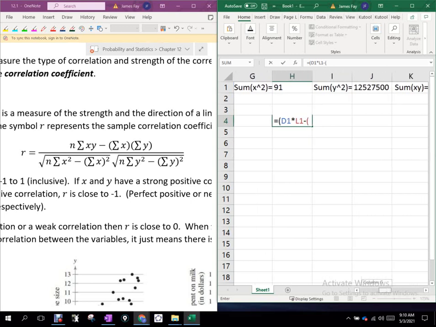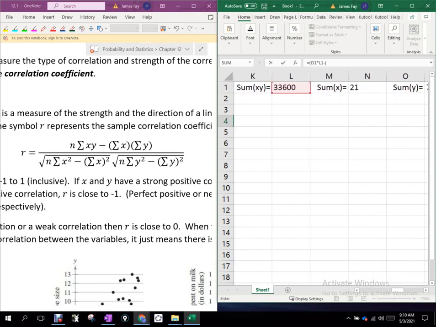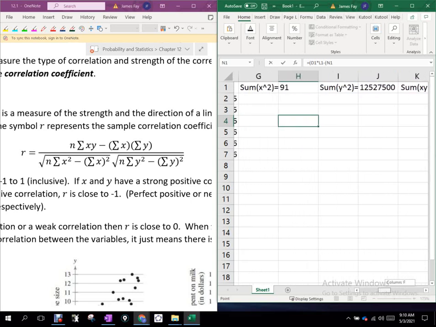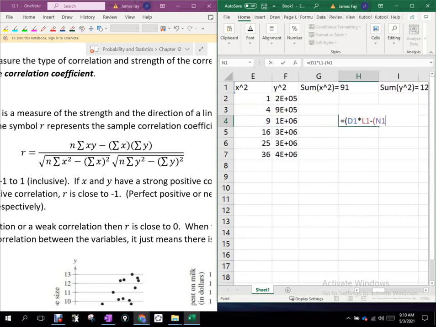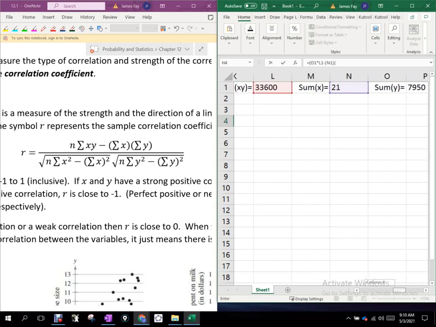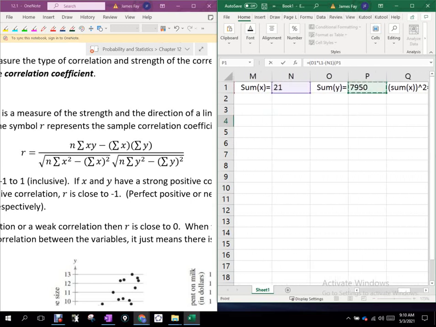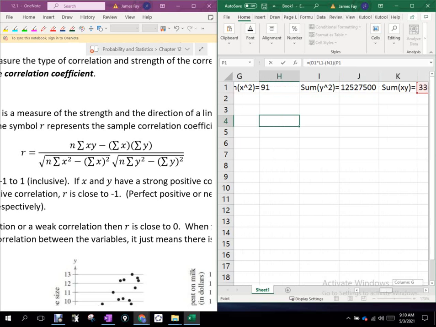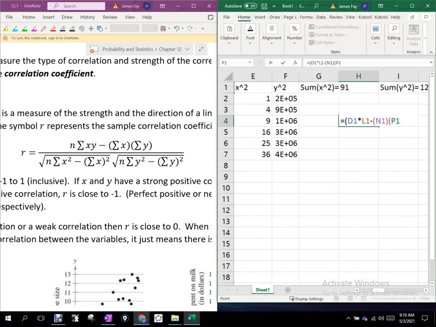I'm going to scroll through, find my sum of x. That cell there. And then times the sum of y. So you'll find y's sum, which is that number there. I'm going to close that parenthesis so that those two parentheses around N1 and P1 are the two parentheses around these here. I'm going to put one more parenthesis to close off the numerator.